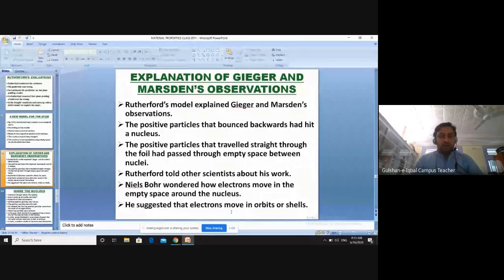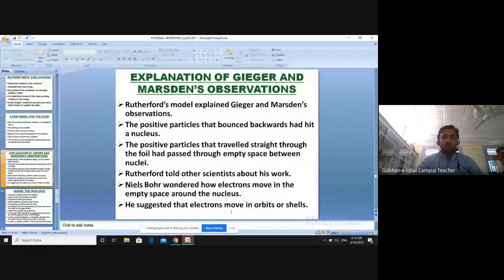Now Rutherford also told other scientists about his work, that he had done this work and made this model, and all the things he performed in the experiment. Neil Bohr was a scientist who worked a little on Rutherford's model as well. The Rutherford model says that electrons revolve in the space around the nucleus.